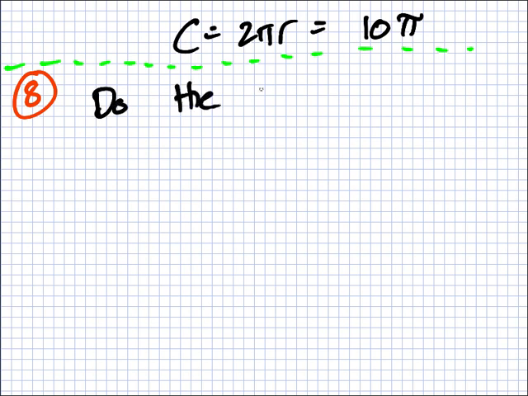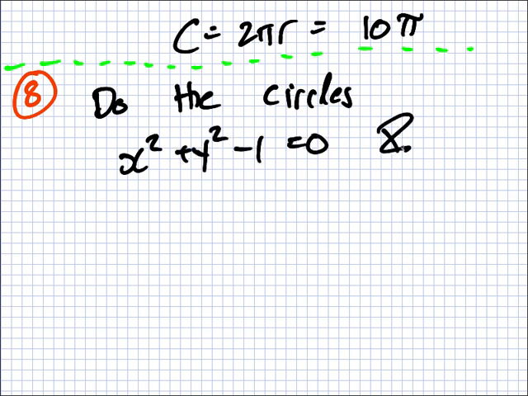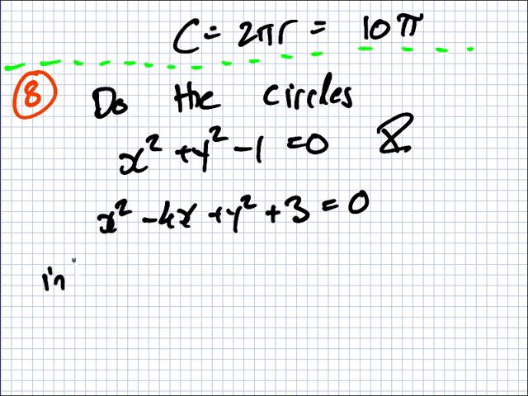Do the circles x squared plus y squared minus 1 equals 0 and x squared minus 4x plus y squared plus 3 equals 0 intersect? In other words, are they like this where they intersect, or maybe they're disjoint, maybe they don't intersect.